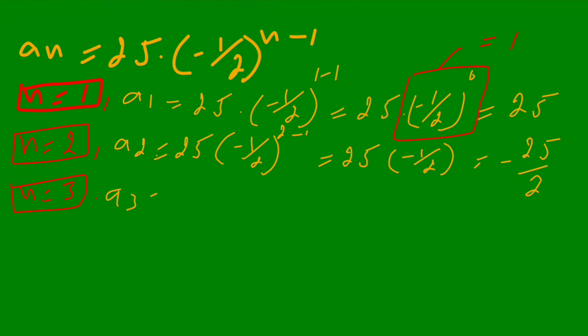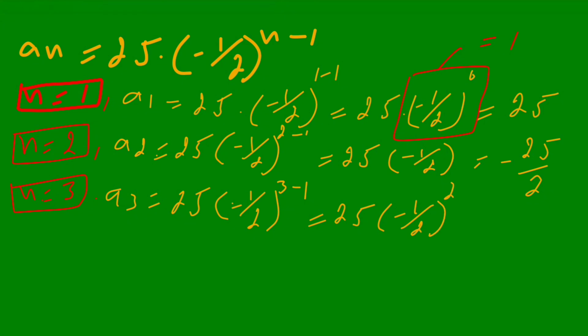A3 is equal to 25 into minus 1 by 2, and power is 3 minus 1, is equal to 25 into minus 1 by 2 raised to the power 2, and the answer is 25 over 4.